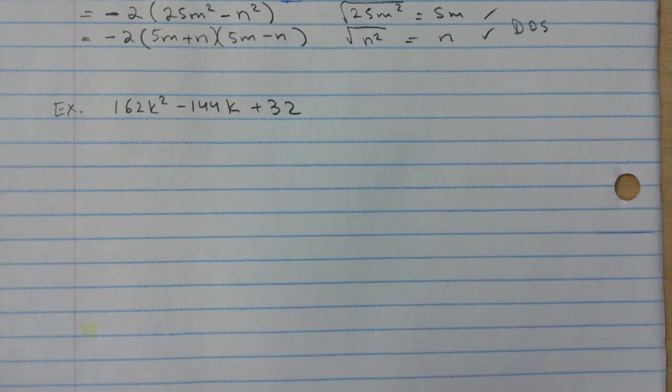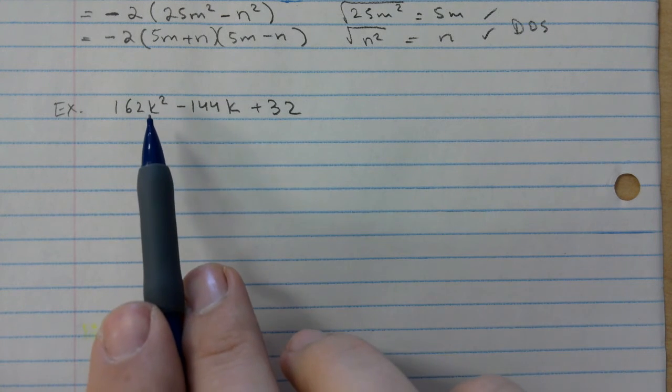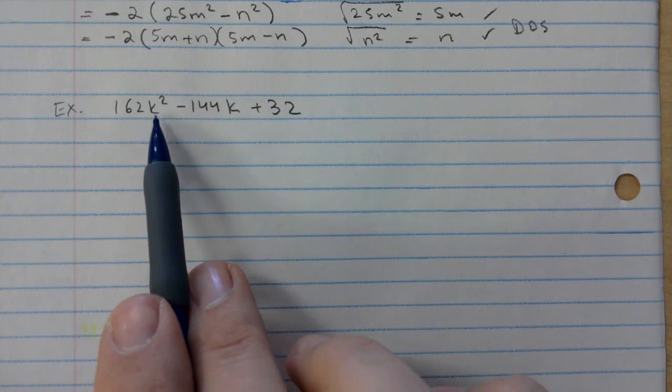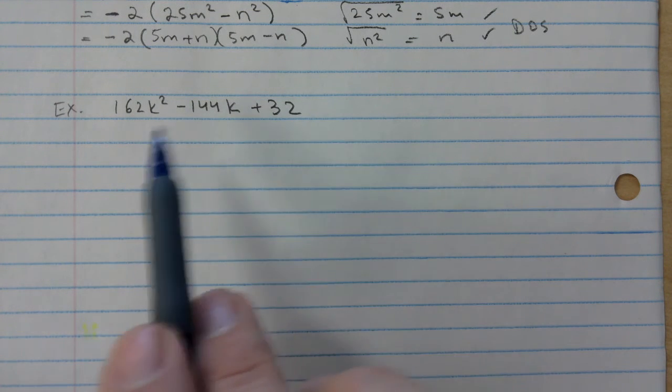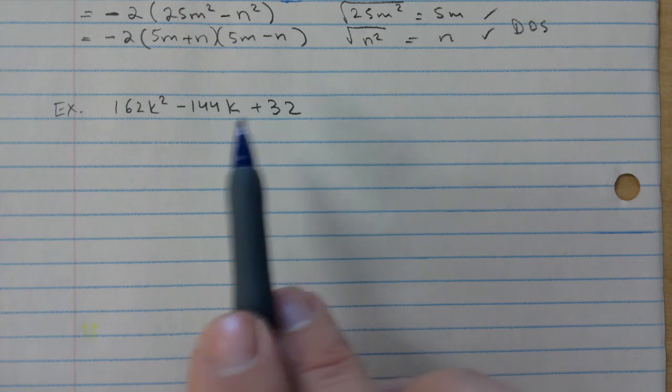Do I need to rewrite this? K squared is up front. We're good, right? Nothing there. Do they all have maybe the same variable, right? Like sometimes you have k cubed, k squared, k, right? We can't factor cubes, like the way we're doing that.